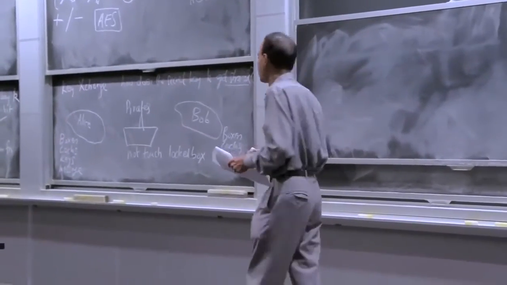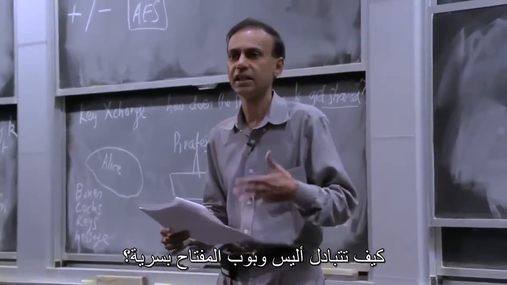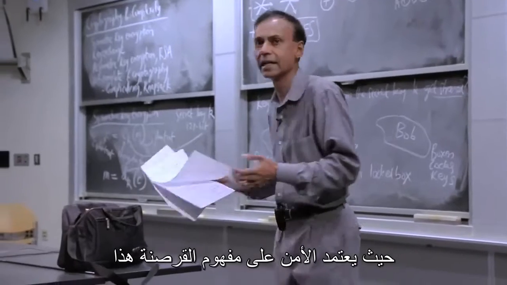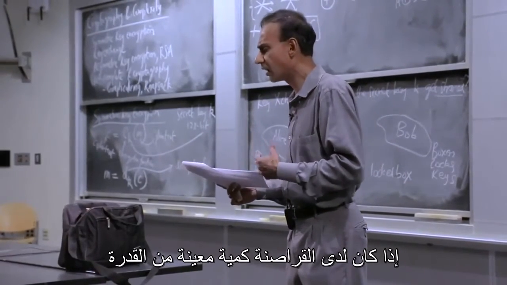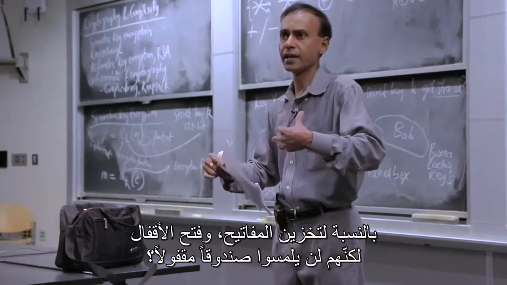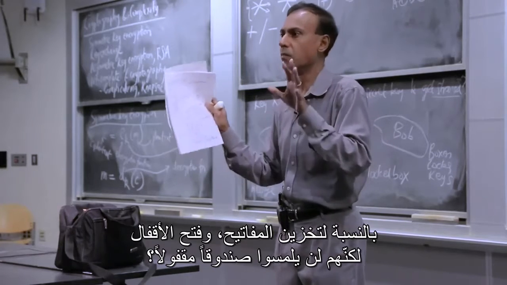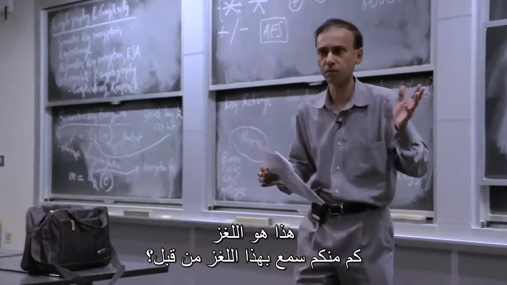All right. So how do Alice and Bob securely exchange a secret, where security is based on this notion of piracy, I guess, with the pirates having a certain amount of capability in terms of storing keys and opening up the locks, but they will not touch a locked box. All right? So that's the puzzle. How many of you have heard of this puzzle before?